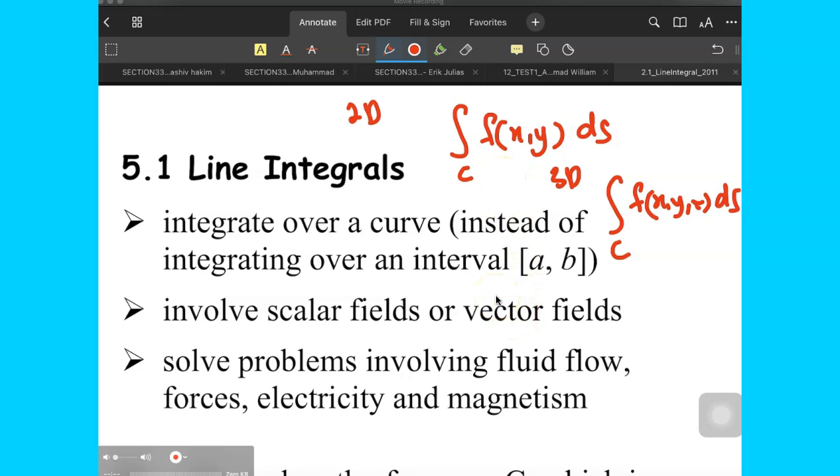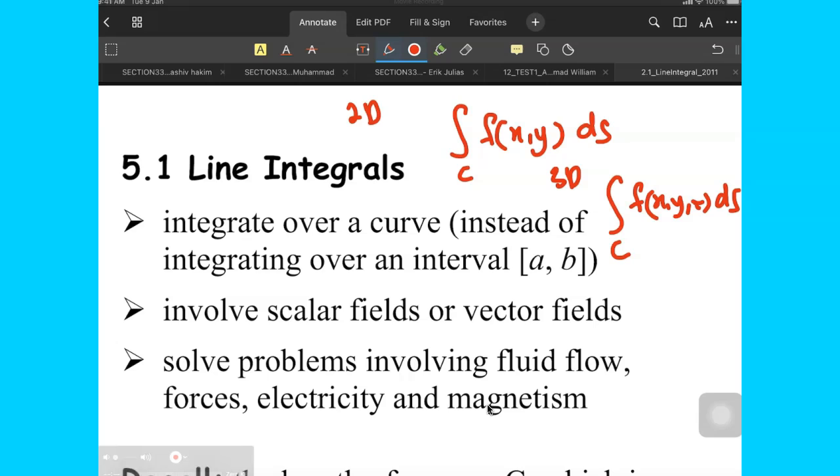I will teach you how to evaluate the line integral for these specific functions, the scalar and the vector field. So what are normally the applications or problems involved with the line integral? It can be fluid flow, forces, electricity, and magnetism.